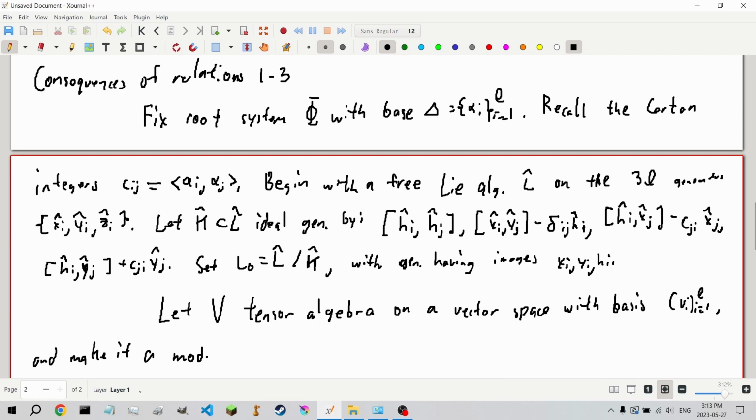So we're just going to drop the existing product, and we will also drop the tensor symbol when writing products.